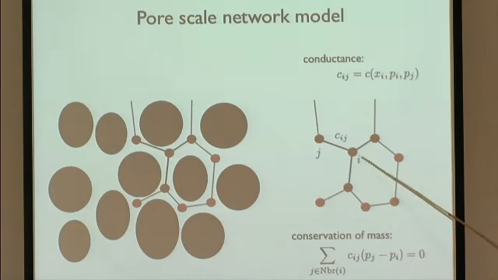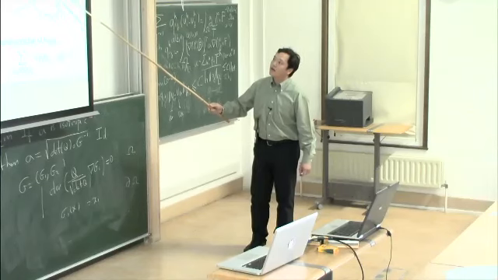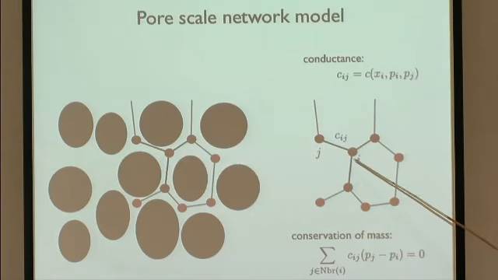So if we concentrate on the ith node over here and collect all the neighboring nodes that have a connection to this ith node, and the amount of, if you put some pressure on both sides, then material would flow depending on the pressure.